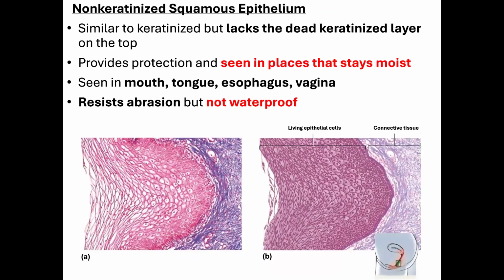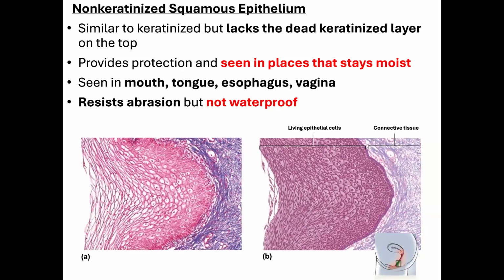So that's about keratinized. Now let's go into the second one, which is a non-keratinized. Again, it is seen on the outer lining of the mouth and the esophagus. And usually it's seen in moist areas. So that's why it's seen in the mouth, the trachea. Trachea produces a lot of mucus.